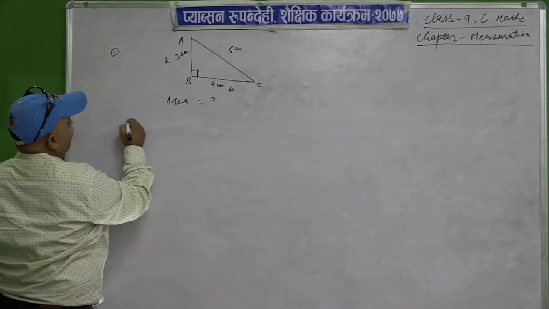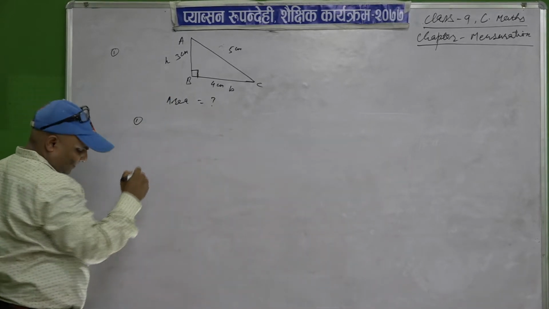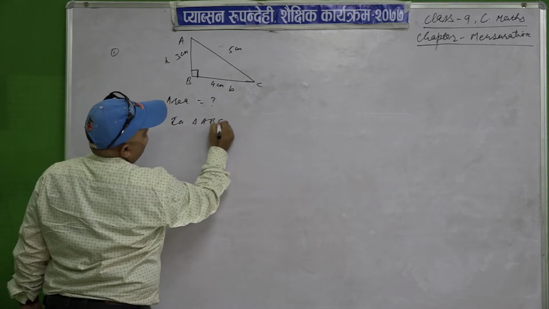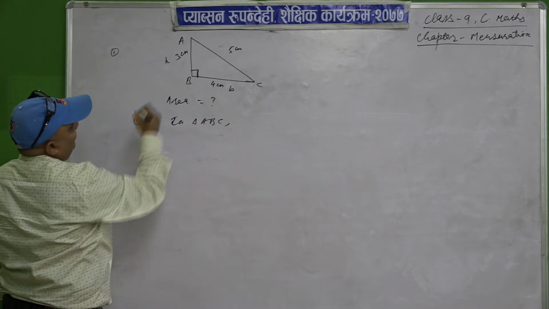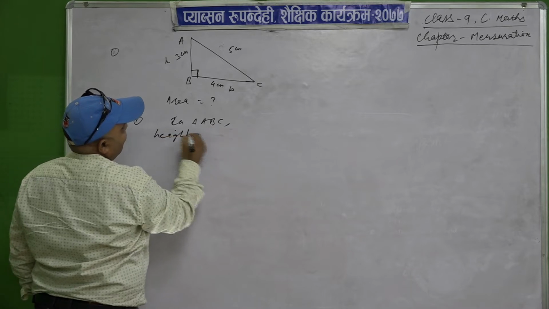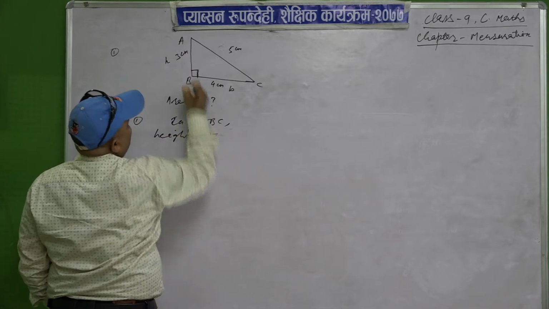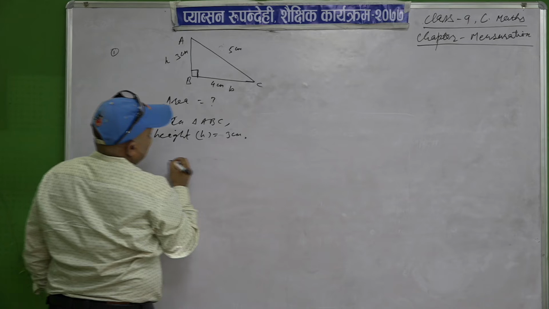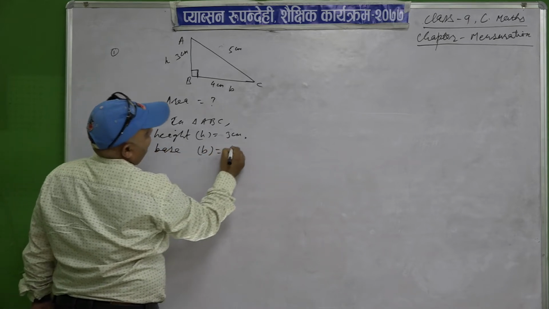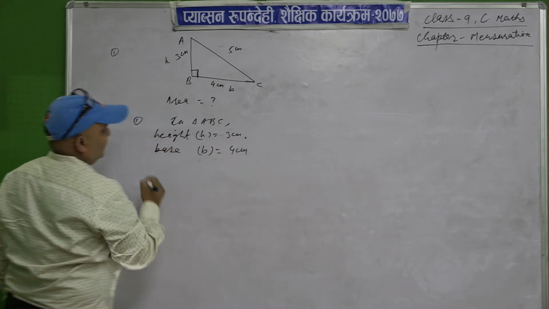So in triangle ABC, first by using the first formula, height H is 3 centimeter and base B is 4 centimeter.